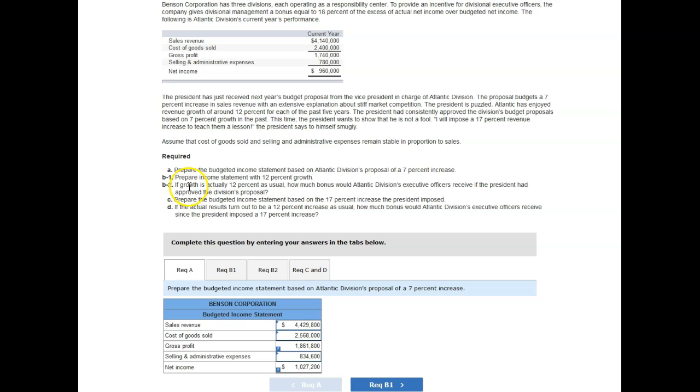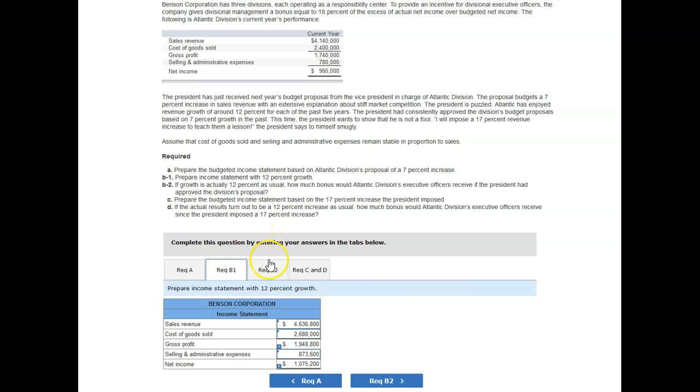Okay. Part B. Do the same thing except you use a 12% growth. So what would a budget look like if it was a 12% growth? Here's the answer. What you do is take, again, each of these numbers times 1.12. And that gives you a 12% increase in each of these numbers.